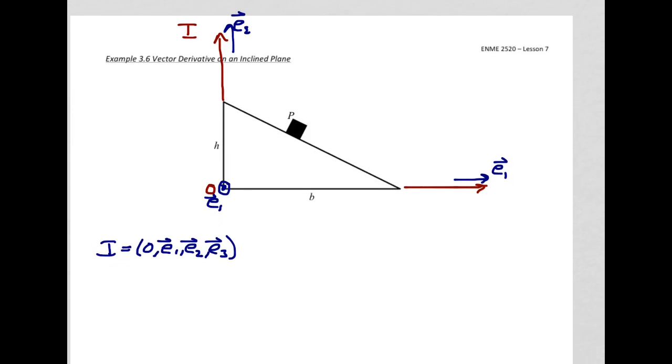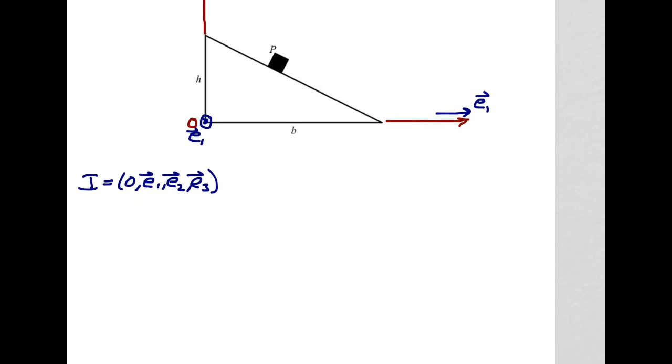Now when we define each of these reference frames, we can't just put the basis vectors on there. We actually need to define their directions. So this is the inertial reference frame with an origin at O, and this set of basis vectors. Let's be explicit here. This is where E1 is defined, and I use a 3-line equal sign for that. We say it's defined as pointing to the right.